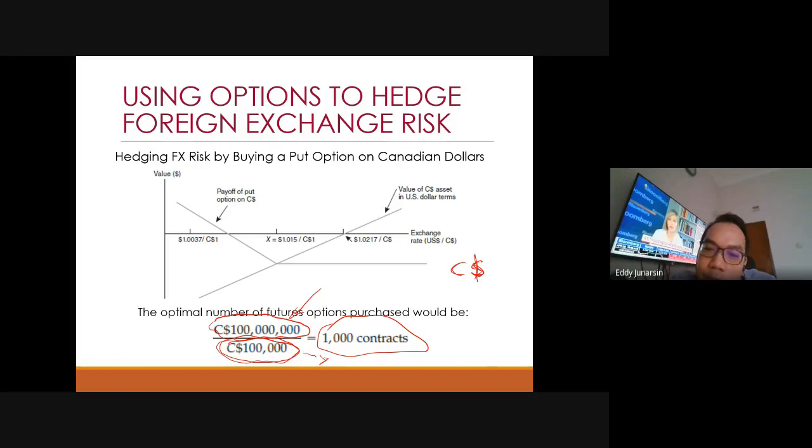That's why you take a long put position, because you have the right to sell. And hopefully you're selling it at a higher price before it declines or depreciates. Okay, so this is what you're afraid of, the decreasing value of Canadian dollars. That's why you take a long put position.